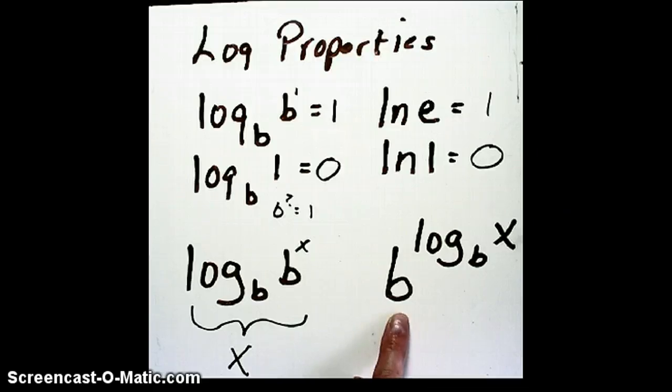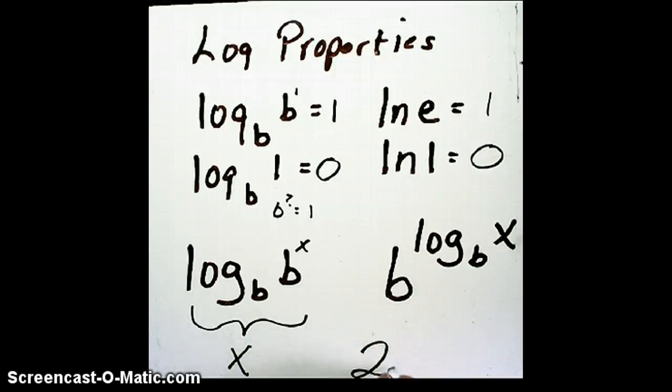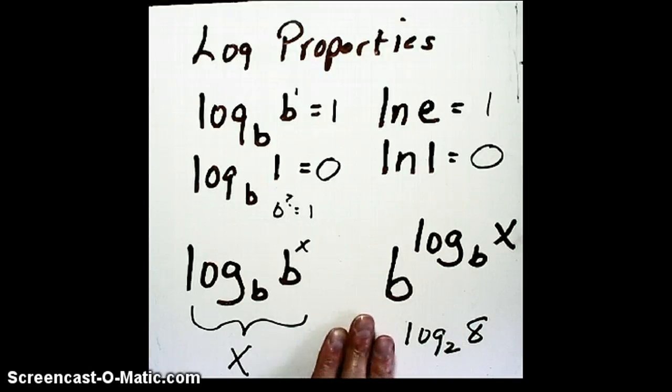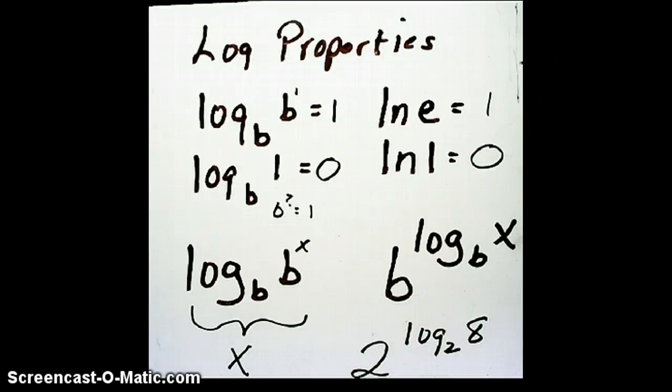Put some numbers in here. Now look at this one. B to the log base b of x. What is that? It's probably a little easier to do this. Watch this. We all know that log base 2 of 8 is 3. Now what's 2 cubed? 2 cubed is 8. Oh, I see. This is the base to the log.